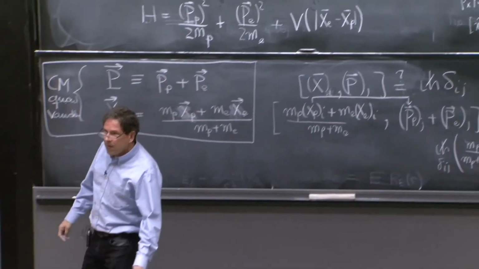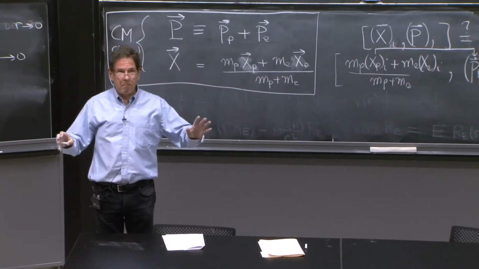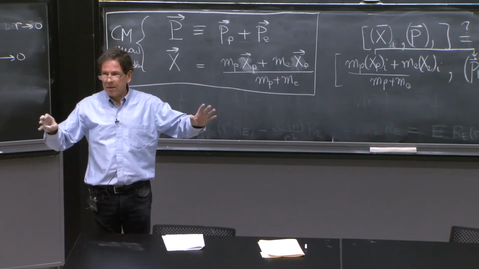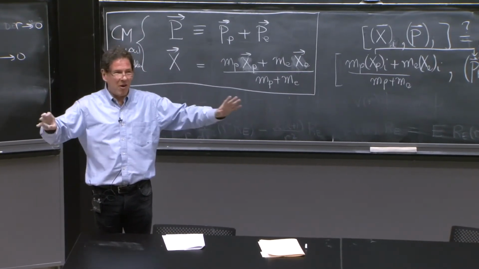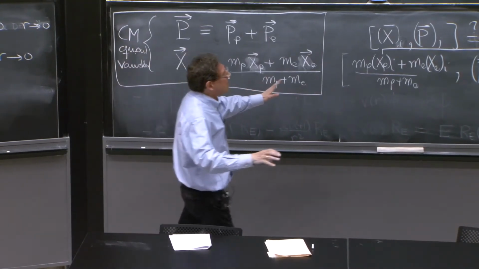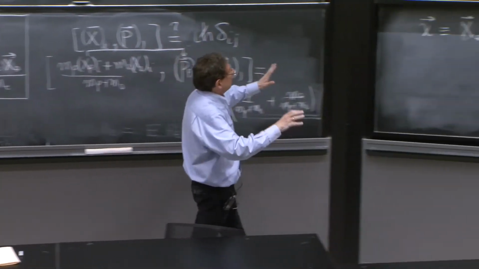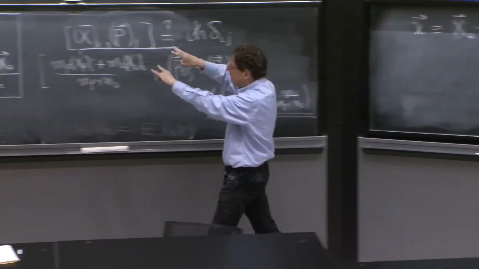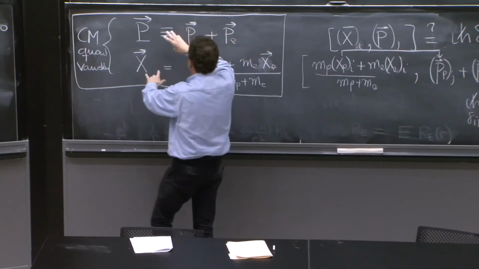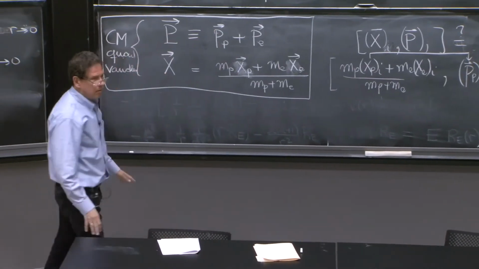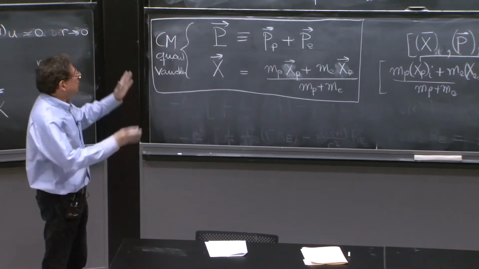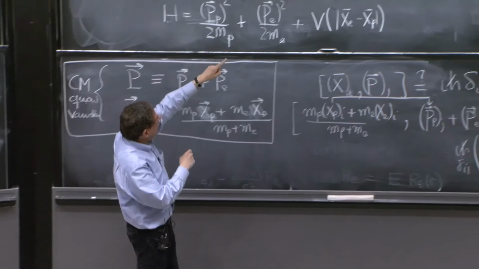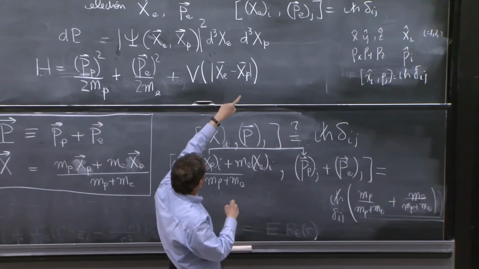Already at this point you could be paralyzed with fear. Something could have gone wrong at this moment. Imagine if this x doesn't commute with this, guys. Then it's all a disaster. Because electron and proton commute with each other.